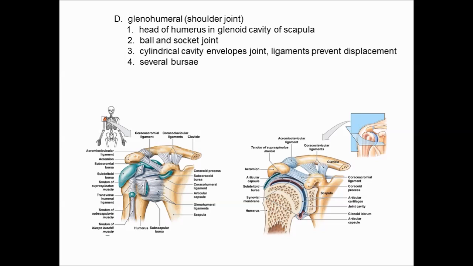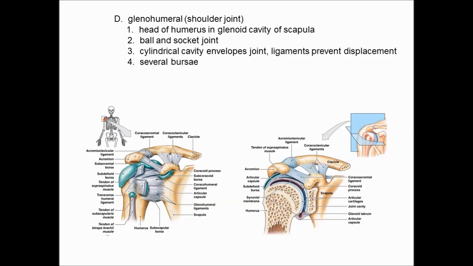There are all kinds of ligaments that hold it in place, and bursae, nicely pictured here in these green sacs, that protect the ligaments from abrasion from the bones and the structures surrounding them. So it's a very complex joint. It's no surprise that people often have shoulder pain during times of their life.